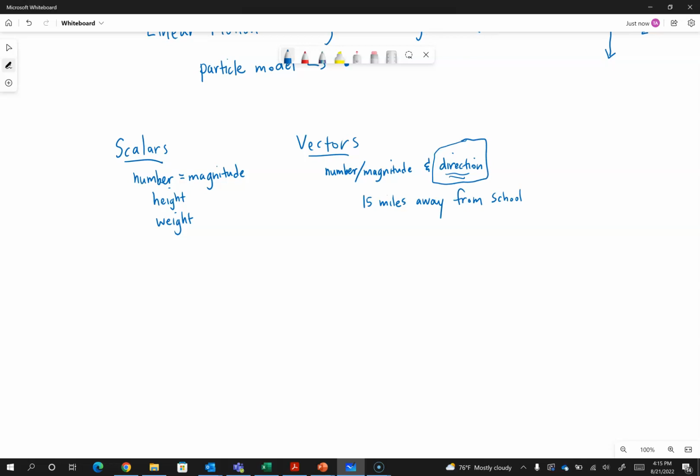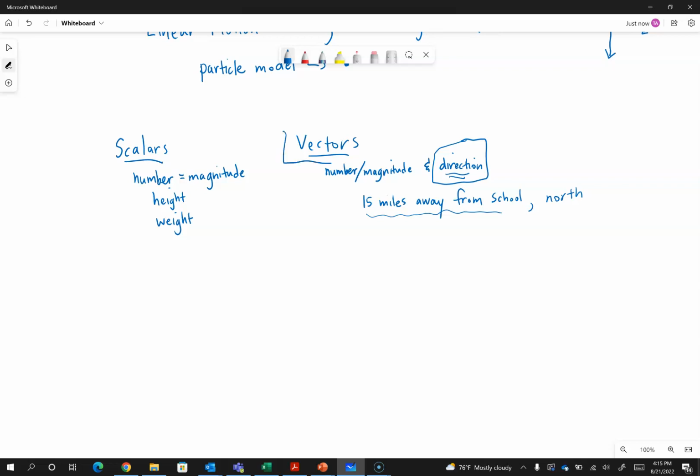If I wanted you to be able to guess the town I live in based off of this 15 miles away from school, that would be a lot of options to guess from. But if I really wanted to help you and narrow down where I lived, I could say that I lived 15 miles north of school. And that would narrow down where I live.